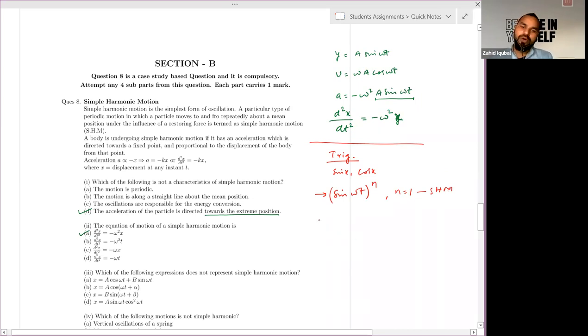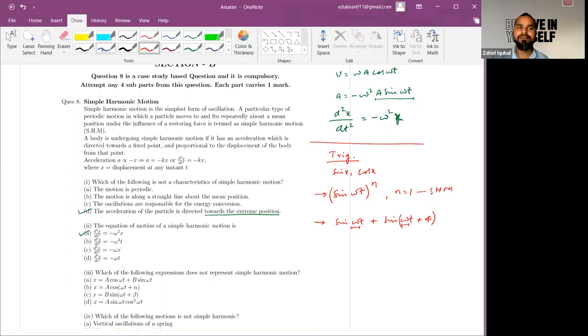Next, if you have a combination of 2 SHMs, suppose sin omega t and sin omega t with some constant phase phi, then this particular superposition will be SHM only if omega of these 2 functions is the same. Then their superposition will be SHM.